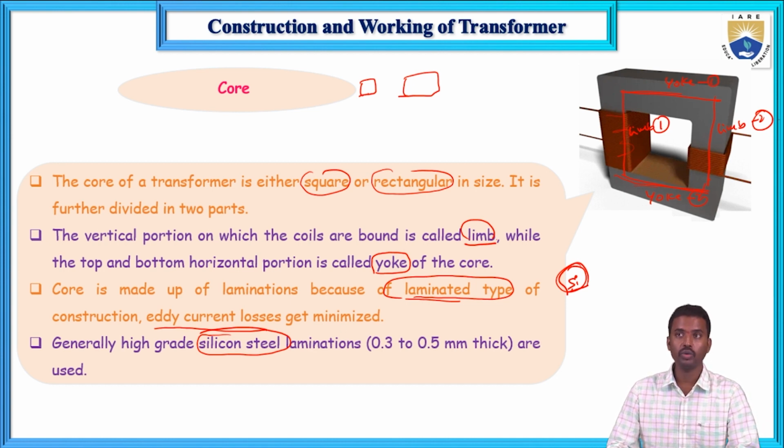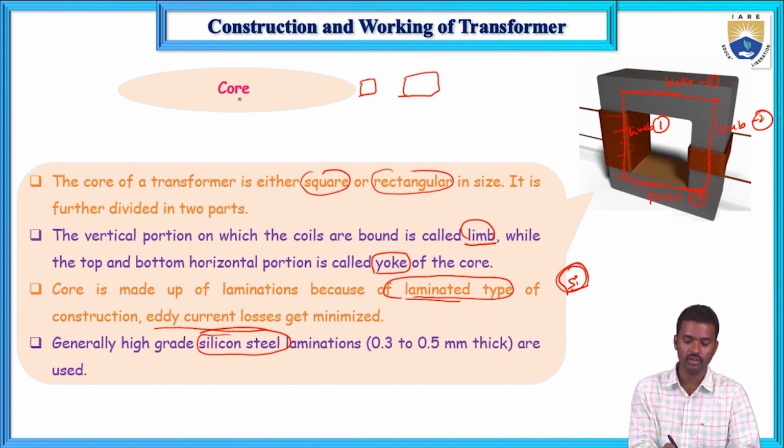Now here we have two types. If there is a core in any machine, core losses are divided into two types: eddy current losses and hysteresis losses.